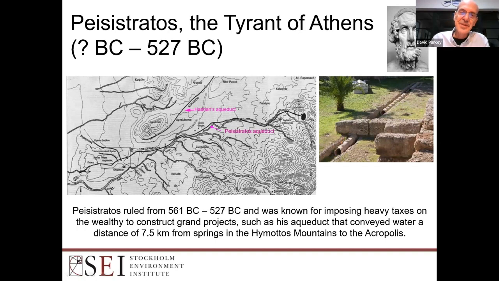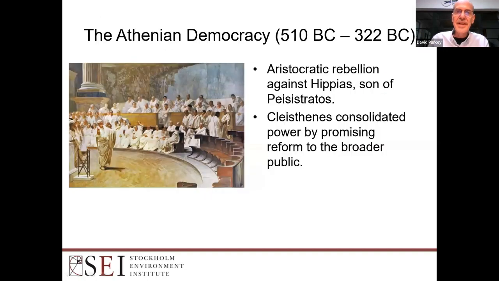And historians vary as to whether this was a factor or not, or one of several factors, but soon after his reign, there was a rebellion against his son, who took over after he died, that led to the creation of the Athenian democracy, which lasted from 510 BC to 322 BC.